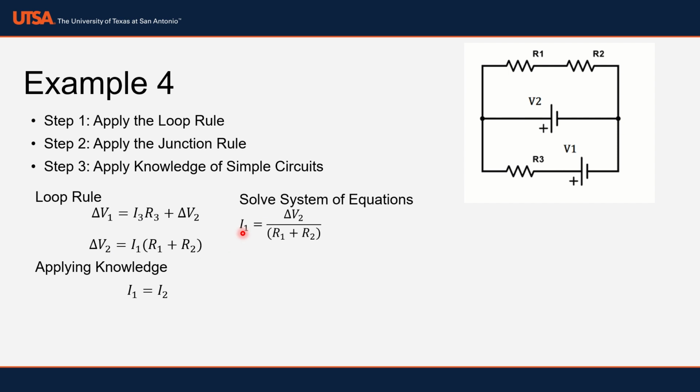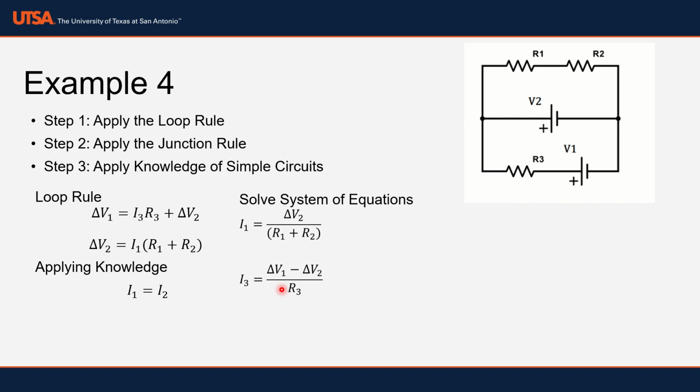That's great. Once you have I1, you get I2. That's perfect. If you want to solve for I3, you could solve this equation right here for I3, and it's delta V1 minus delta V2 divided by R3. Now you get I3. So this is fairly easy, straightforward.